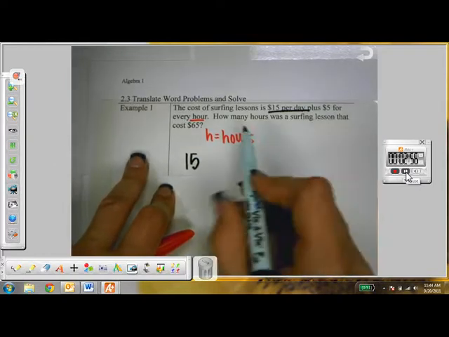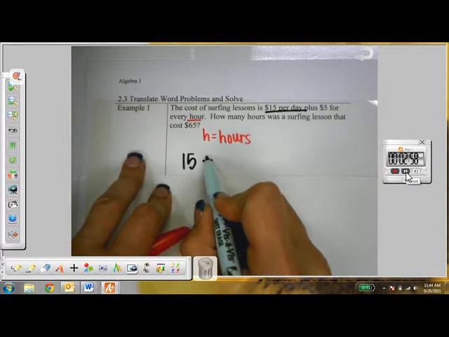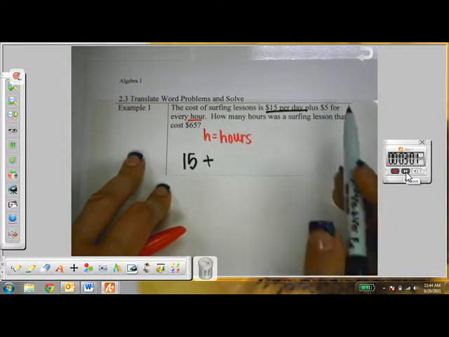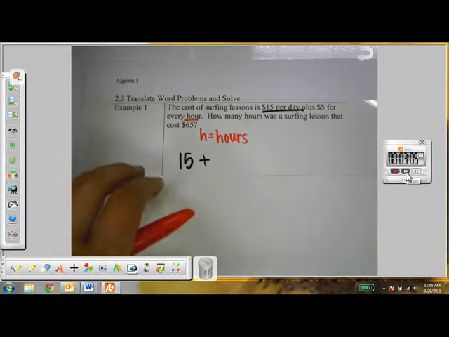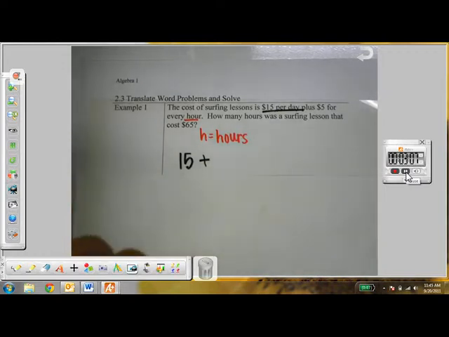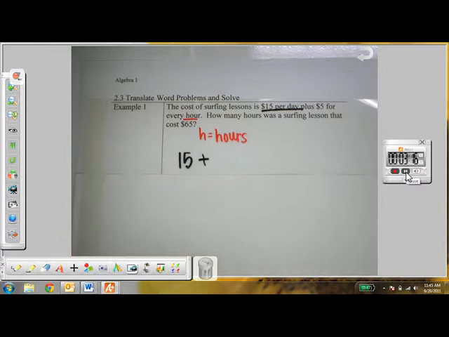Plus, what operation is that? Addition. Plus $5 for every hour. So every hour you pay another $5. If my lesson was 1 hour, how much would I be paying? 5 plus 15, right? What if it was 2 hours? 25.